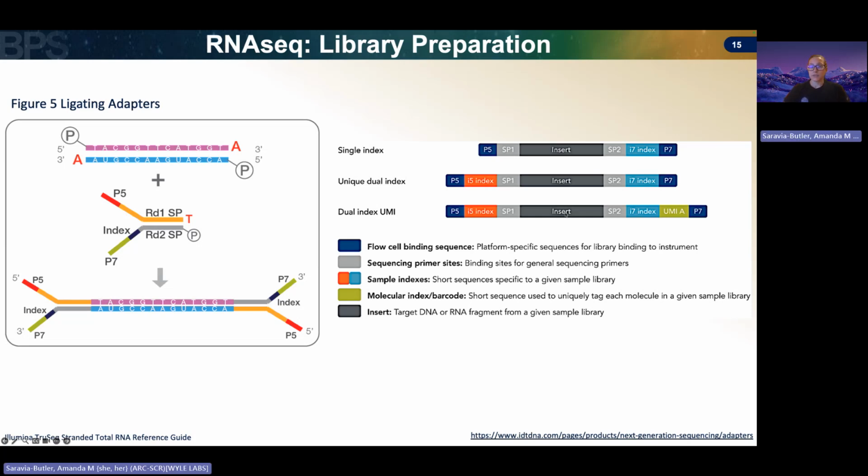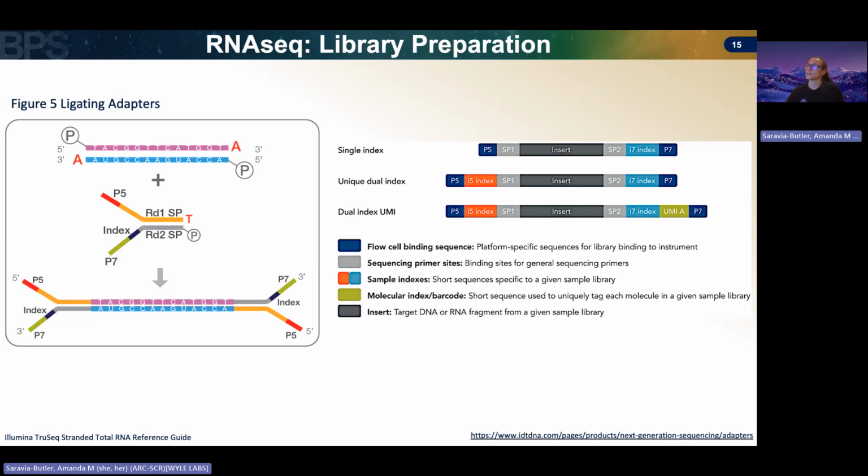There's another type of index, and this is actually the one that we use at GeneLab. For this one, we again have our insert and our sequencing primers flanking our insert. We also have a dual index, so an index on the P5 side shown here as I5 index, an index on the P7 side shown here as an I7 for the index. However, in here, we also have an additional strand of As, Ts, Cs, and Gs known as a UMI, or a unique molecular identifier.